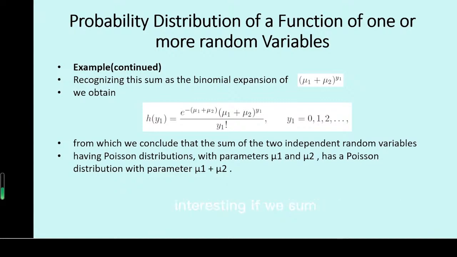If we sum two independent variables both having Poisson distributions, then this sum variable will also have a Poisson distribution with the parameter being the sum of these two individual Poisson distributions' parameters, right?